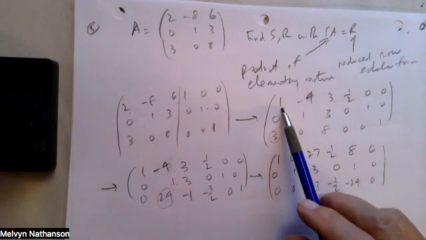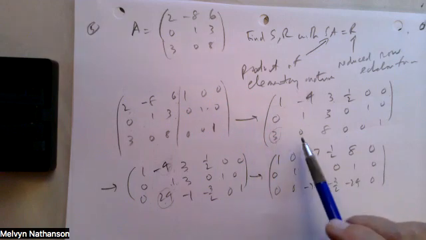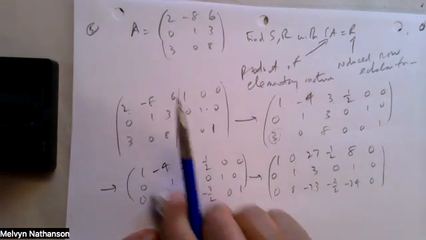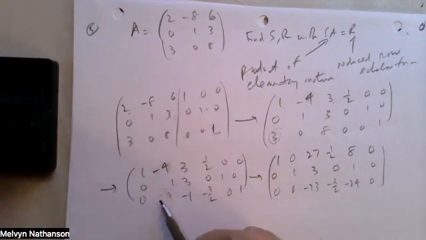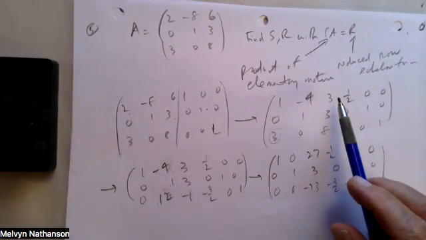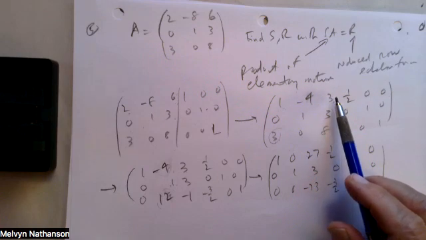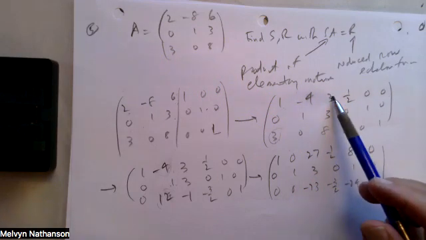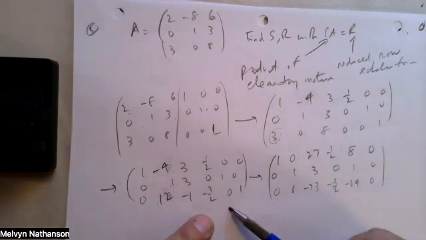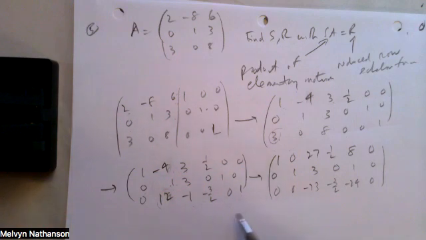So 3 minus 3 is 0. 0 plus 12 is 12. 8 minus 9, since it's minus 3 times this, is minus 1. Minus 3 halves, 0, 1. Okay.